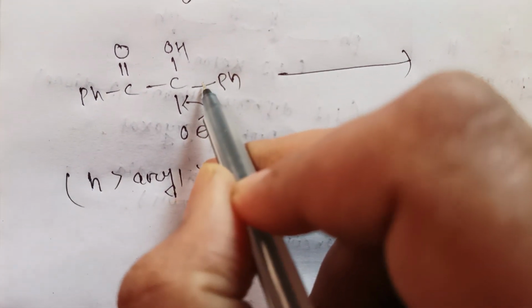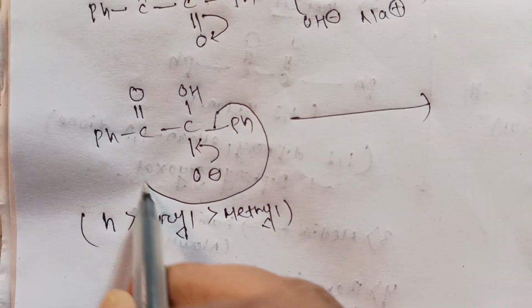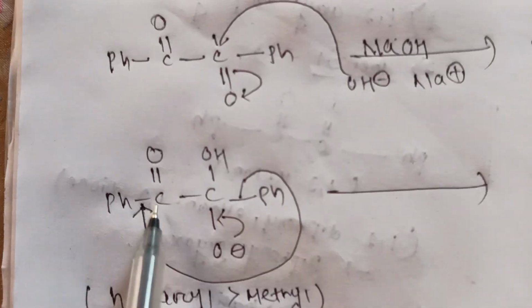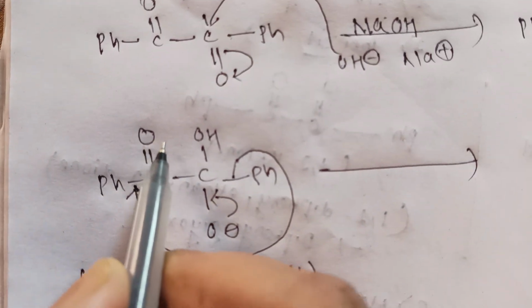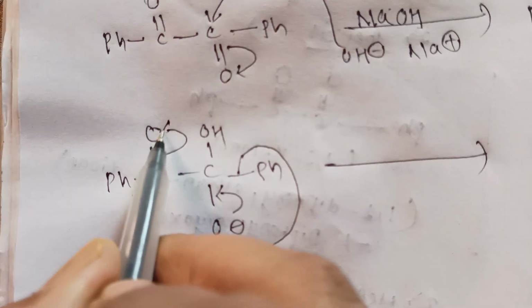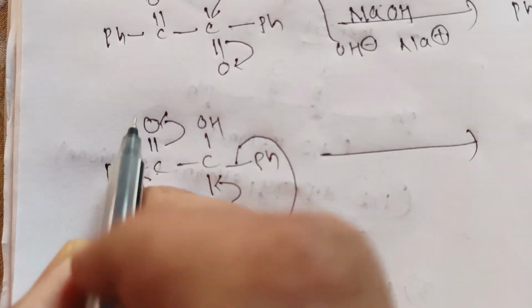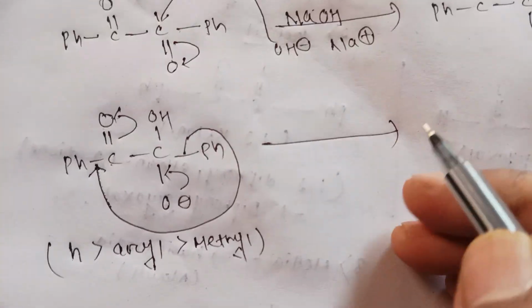So the phenyl shift takes place. This phenyl will shift to this carbon. Now this carbon atom becomes unstable, so the shift takes place toward this oxygen, and the oxygen gets an extra electron and becomes negative.